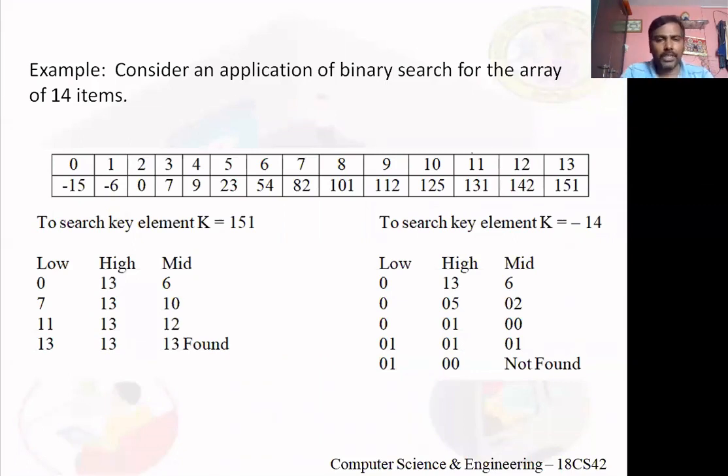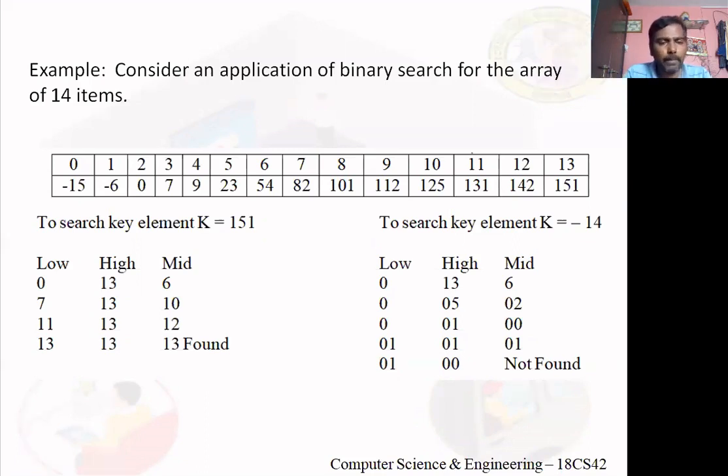First, I need to see the index of the first element for this array. It is 0. So in the first row, I have written low as 0. What is the index of the last element? That is 13. So at high I have written 13.